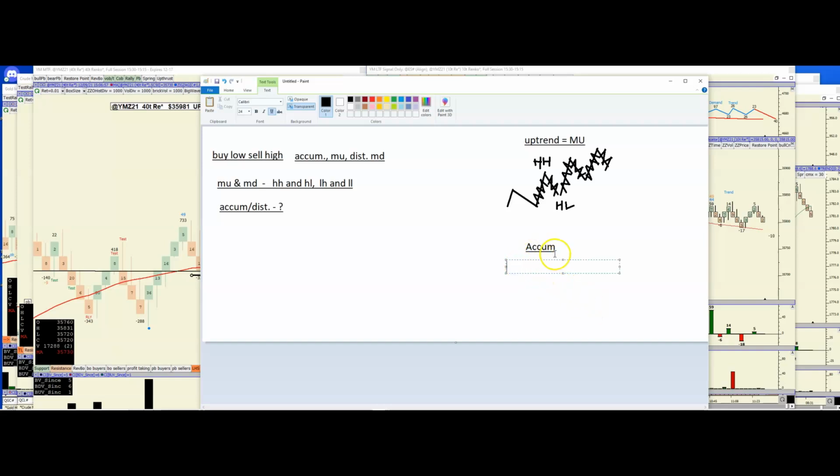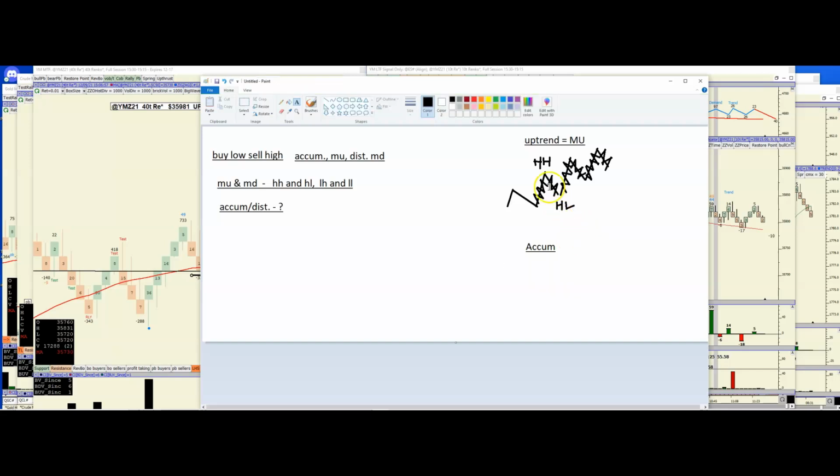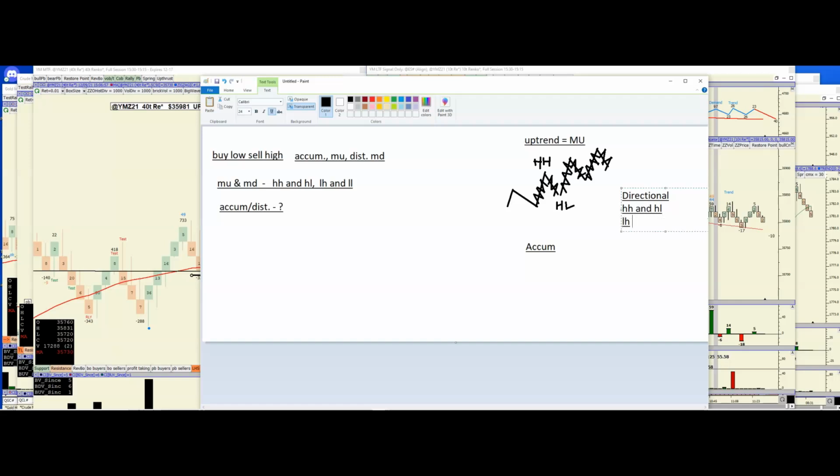Anyway, so over here, the characteristic, before I explain it, I'll tell you to notice one thing. When you're talking about trend, higher highs and higher lows is an element of direction. It is a directional attribute. Higher highs and higher lows is directional, or lower highs and lower lows is directional.